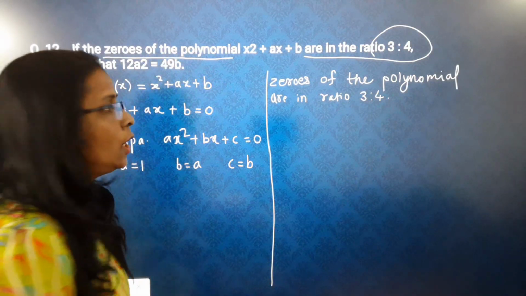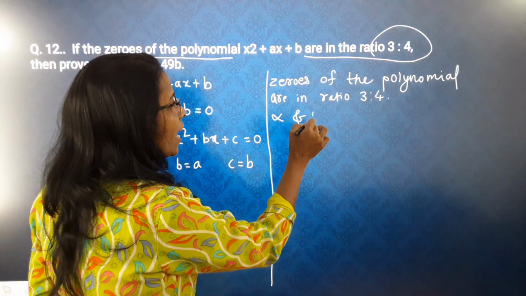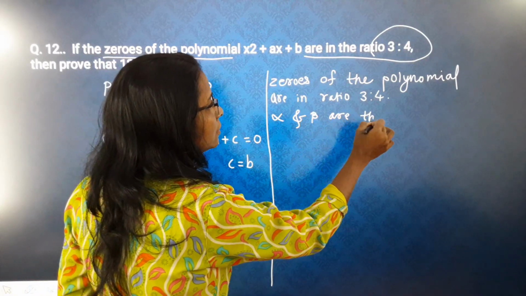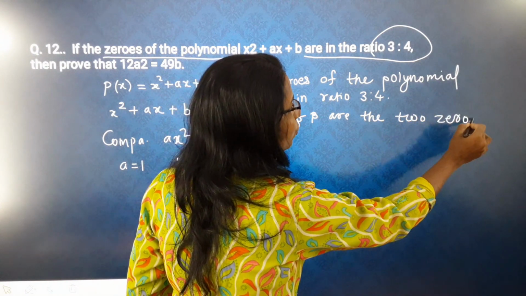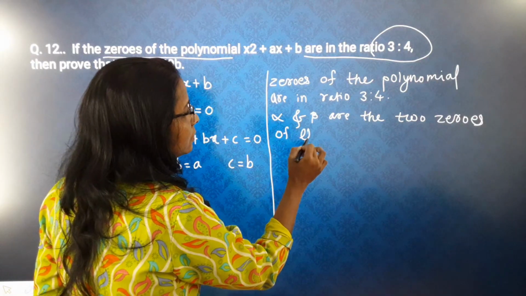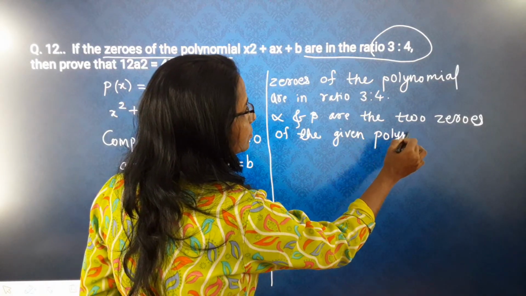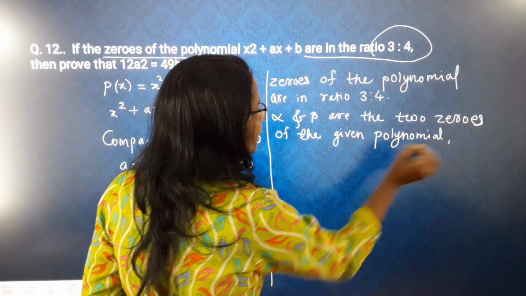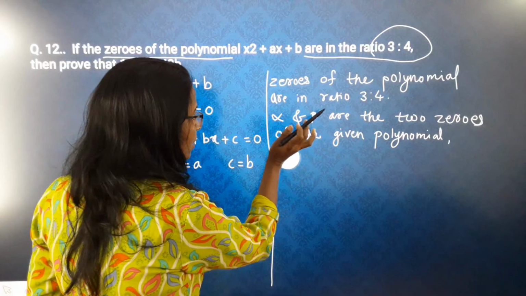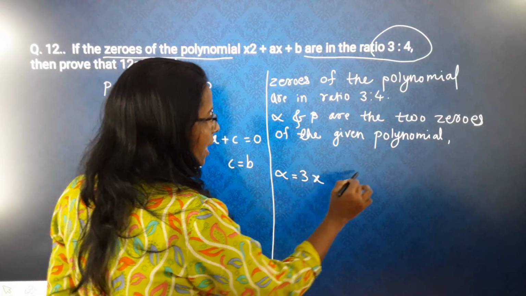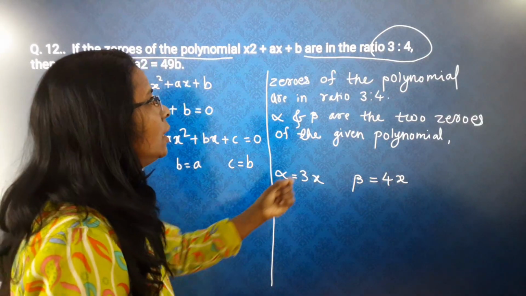Now if you consider that alpha and beta are the two zeros of the given polynomial, then alpha will be 3x and beta will be 4x, because the ratio is 3:4.